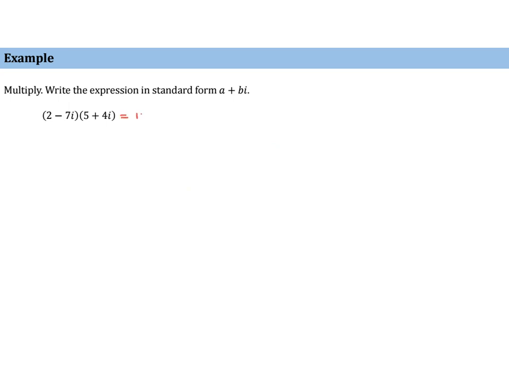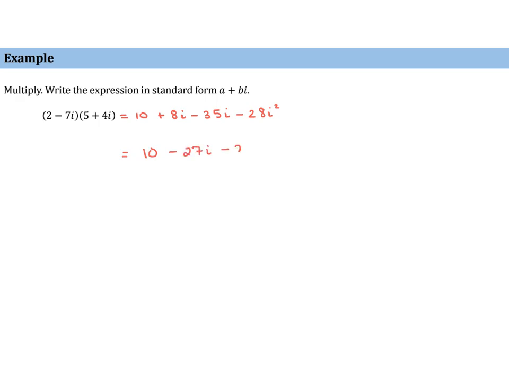So let's FOIL this out. First, outside, inside. Last will be -28i squared. Collecting like terms, we have 10, and then 8i minus 35i is 27i.